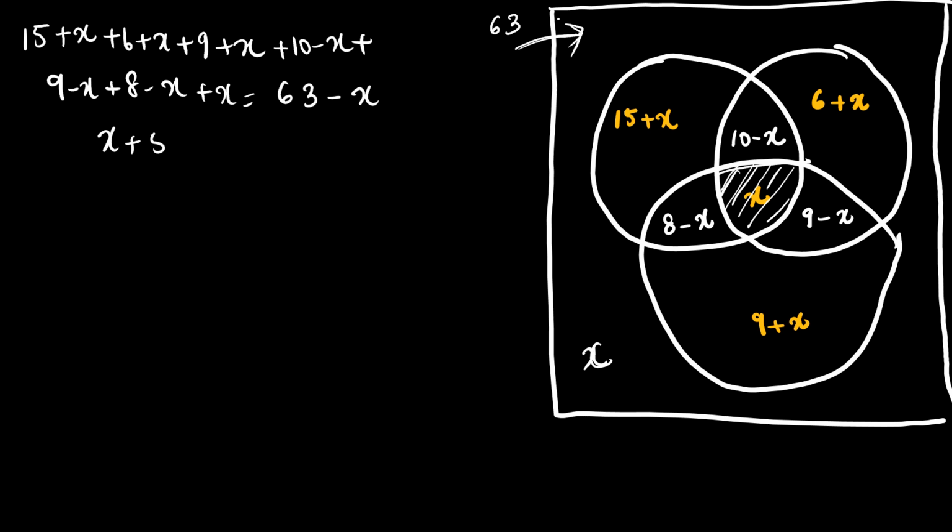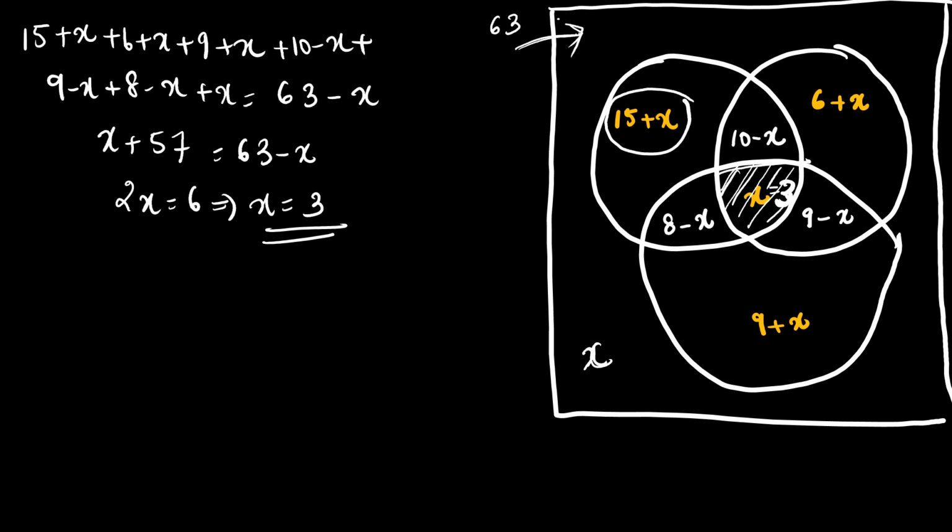X plus 57 equal to 63 minus x, or 2x equal to 6 and x equal to 3. So we got this portion as 3. Now we have to find the students who are studying one subject alone, that is 15 plus x and 6 plus x and 9 plus x.